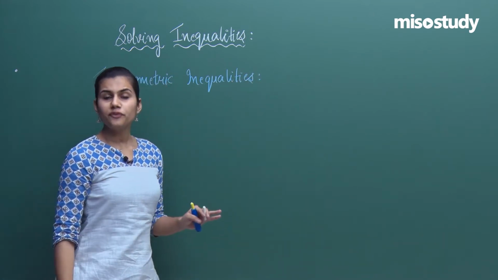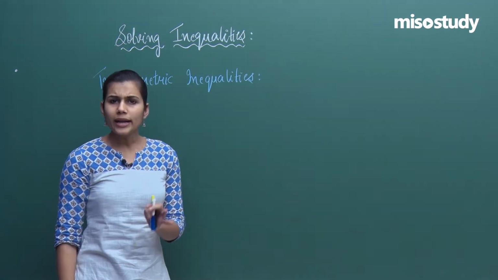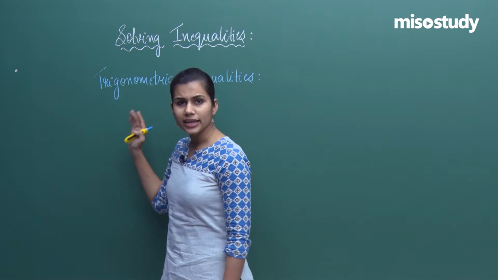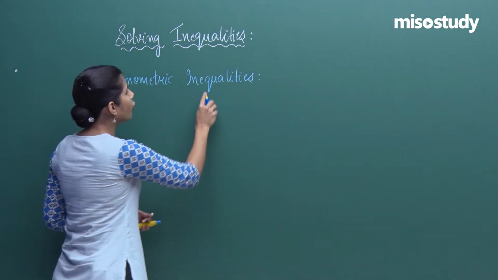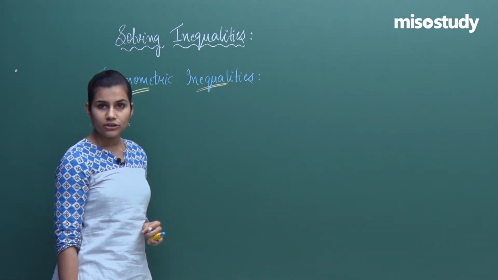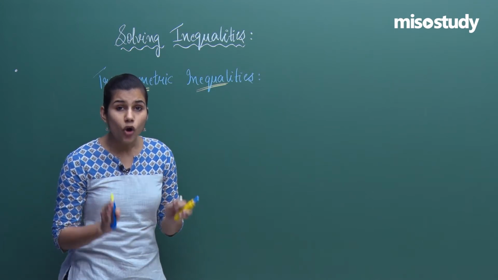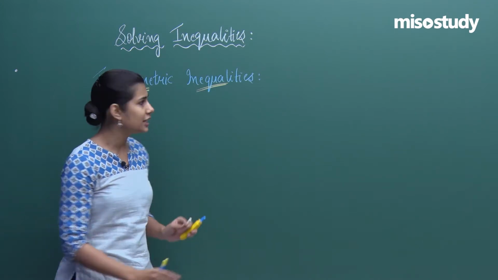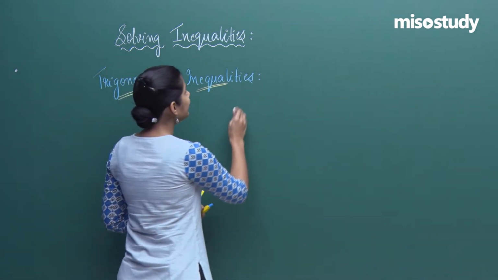Now, everybody is aware of the term inequalities. When I say trigonometric inequalities, I am obviously bringing into the picture both the notion of inequality and the notion of trigonometry. How am I bringing both together?